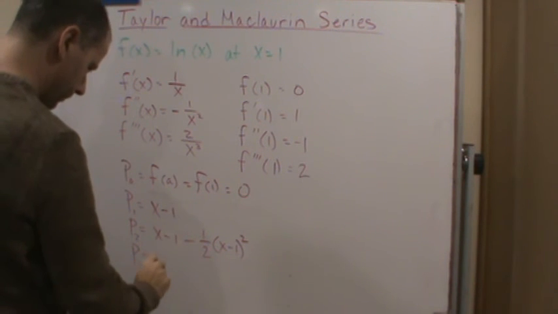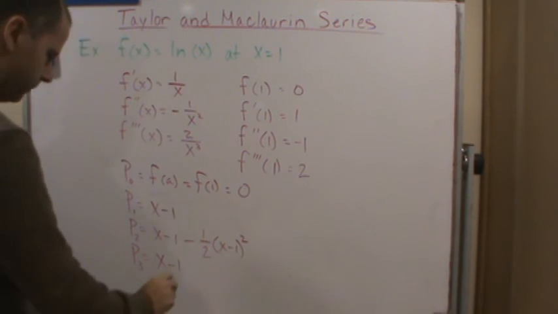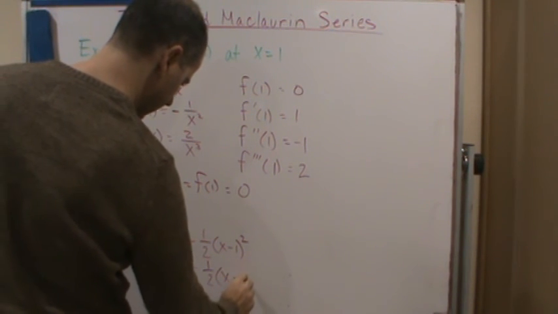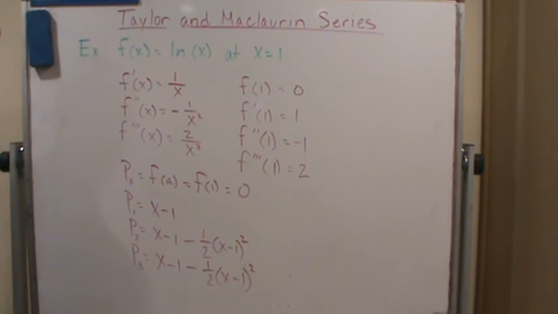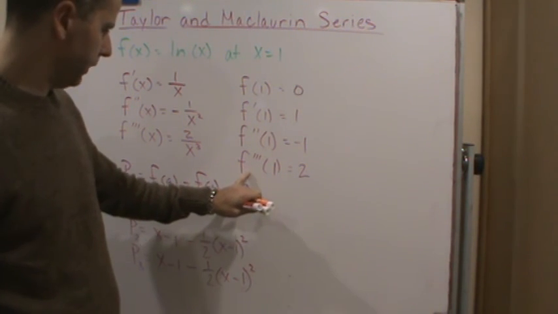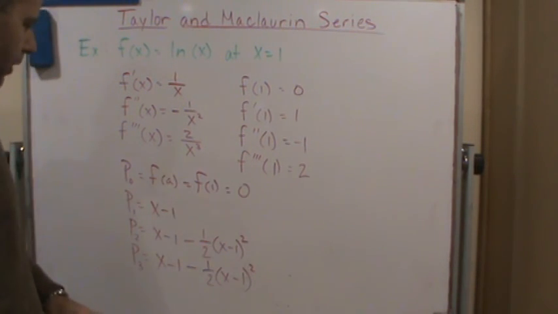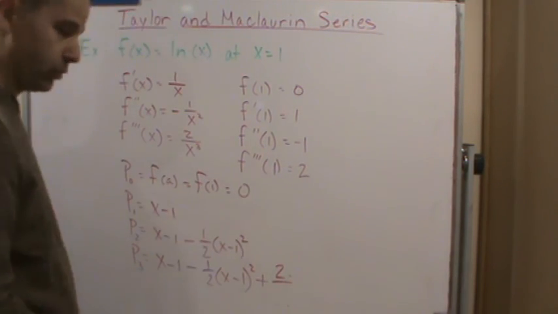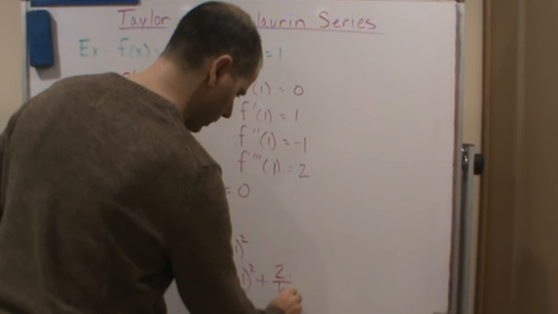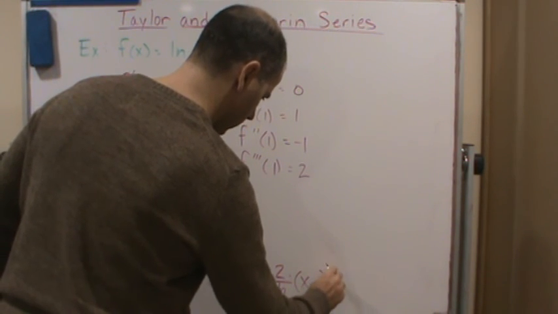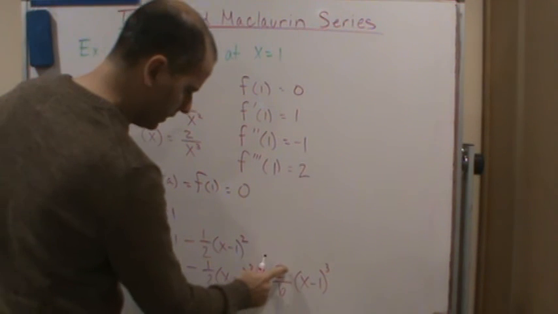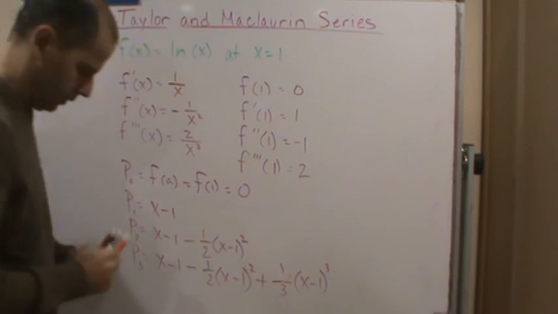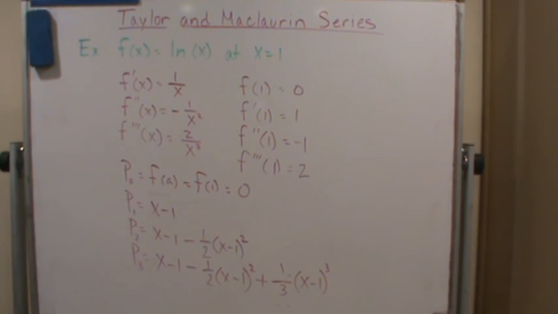It will be x minus 1 minus 1/2 x minus 1 squared, and then we have the third derivative here at 1 is equal to 2, so that's going to be plus 2 over 3 factorial, which is 6, times x minus 1 to the third, which 2/6 becomes 1/3. So that's going to become 1/3 times x minus 1 cubed.